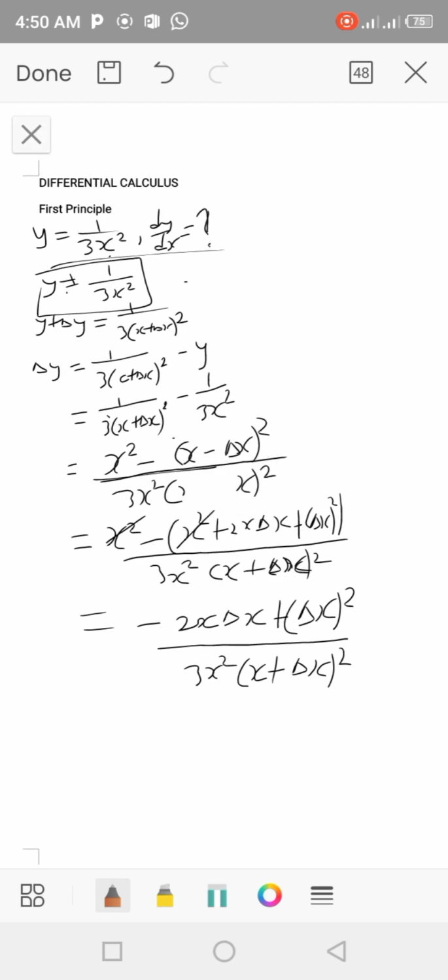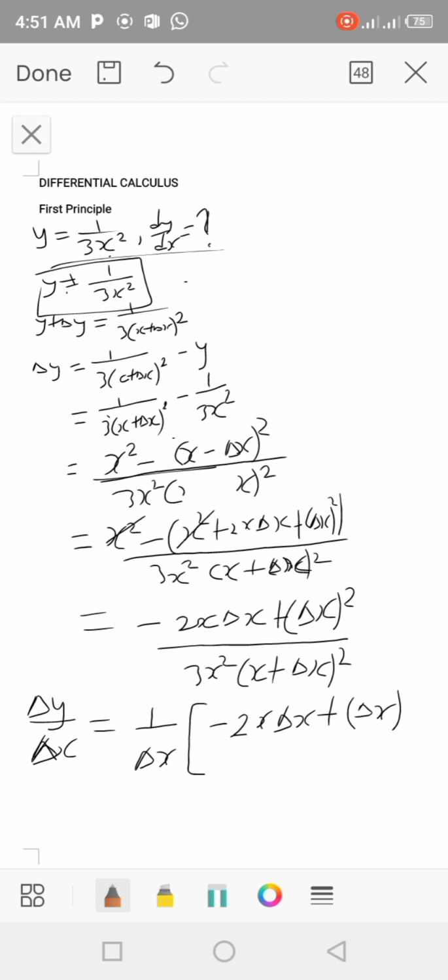And now we are finding Δy over Δx, which is equal to 1 over Δx into minus 2x Δx plus (Δx) squared whole over 3x squared (x plus Δx) raised to power 2.